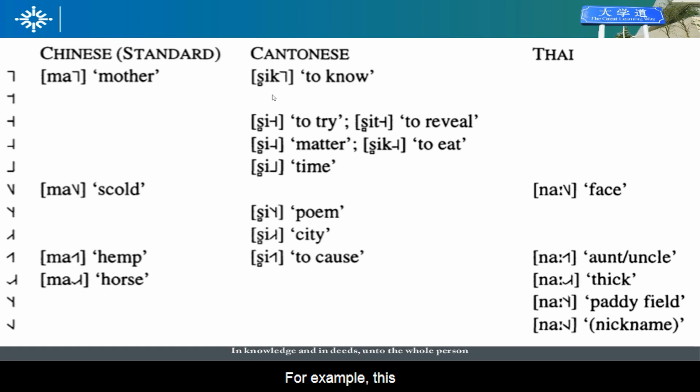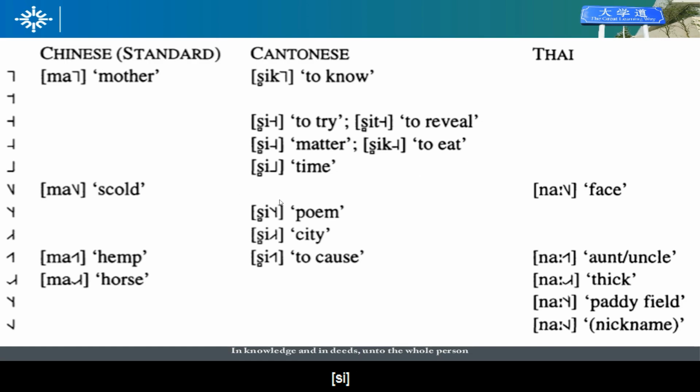For example, this is si, 认识的识, to know. Si, 试一试的试, to try. Si, 展示的示, to reveal. Si, 事情的事, matter. Si, 食吃那个食, to eat.